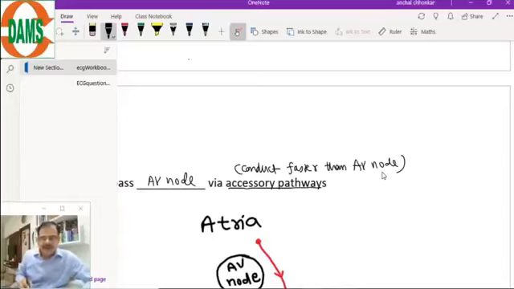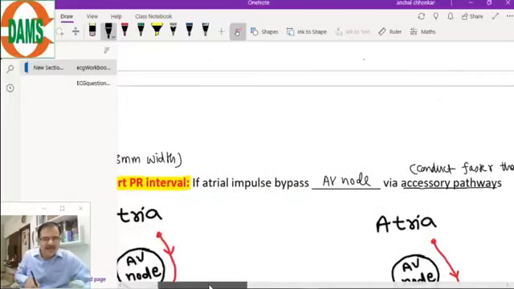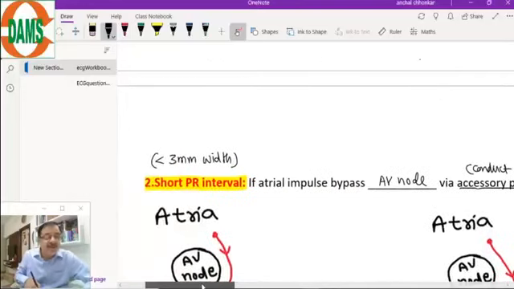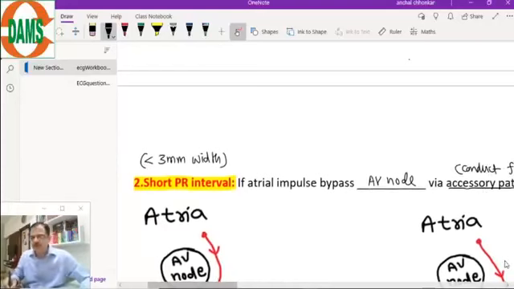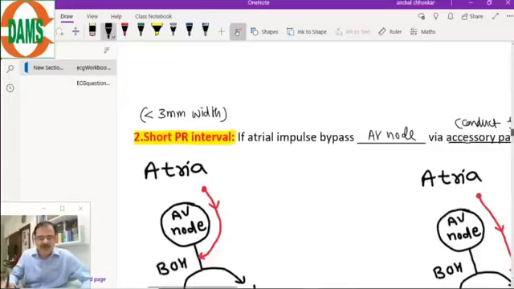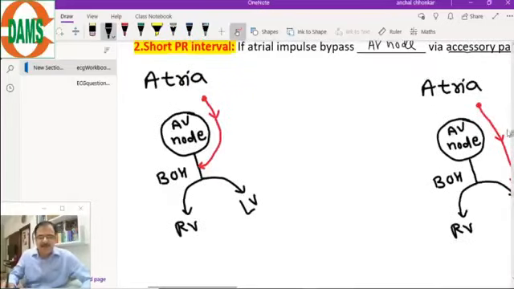So these pathways, let's understand these pathways. You can draw the diagram also, because many questions come on this PR interval shortening and the name of the syndromes. So come to the first one, and first one is this pathway.